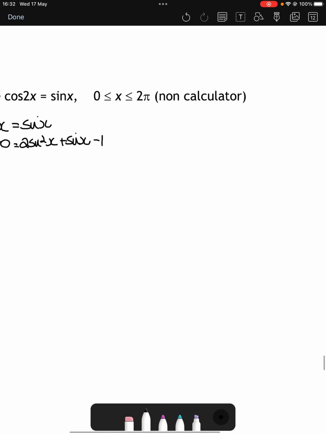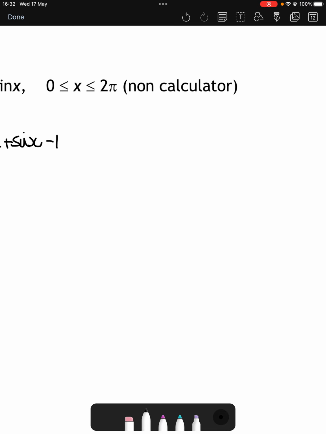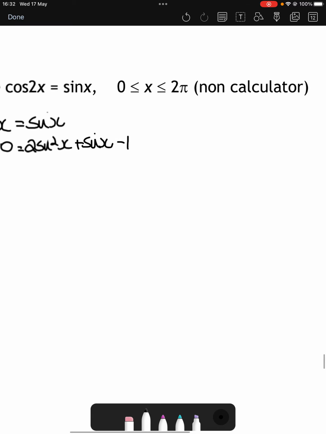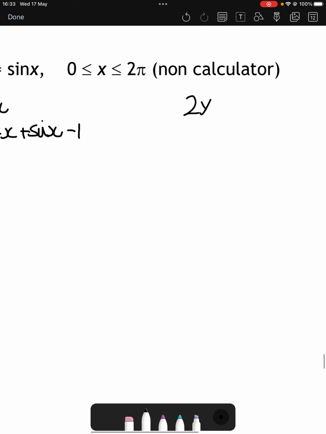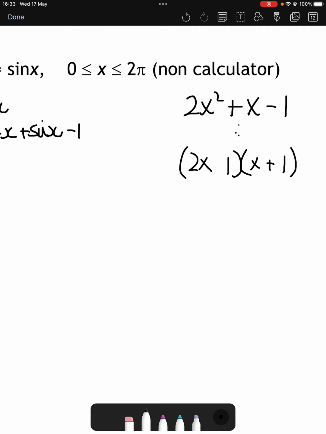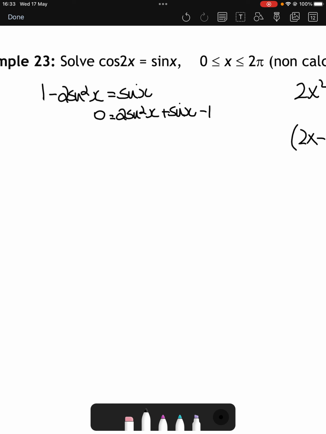Right, we're going to take our factorising over here. So what we got? So 2x squared plus x minus 1. Again, we're going to do our factorising. And we get that.